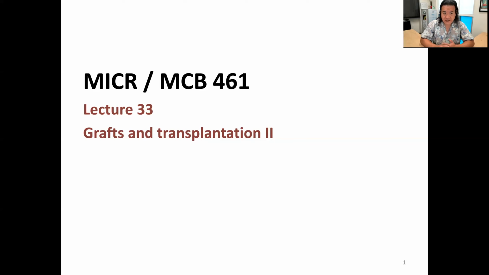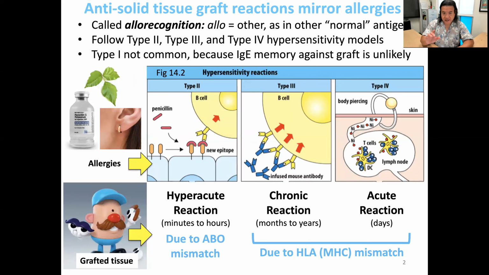We left off last time with our discussion about solid tissues and how there are other challenges beyond just ABO blood types when you consider the transplantation of solid tissues. So this is the slide that we left off on last time. Very quickly, just to recap, we said that blood very much is a tissue. Just because it's blood doesn't mean it's not tissue, because the definition of tissue is a population of cells in some sort of supporting matrix.